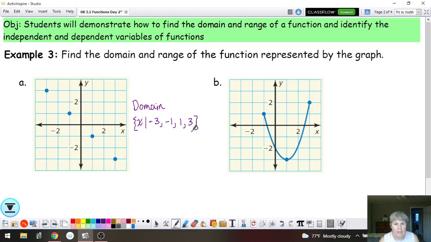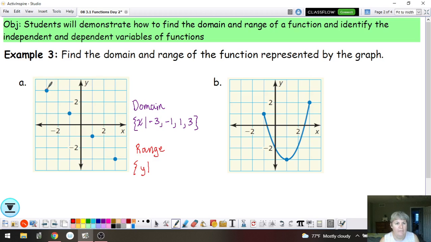So that's our domain. Our range, again, those are the output values. That's going to be the y values. So that would be the y value that goes with each of these points.